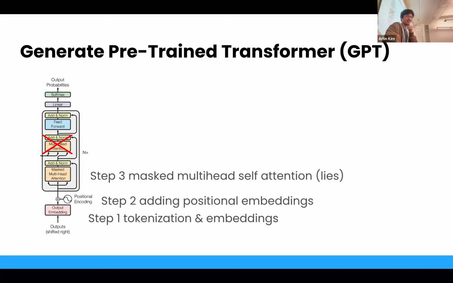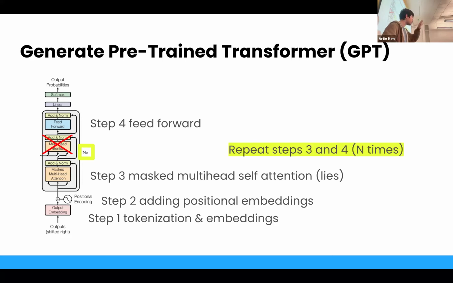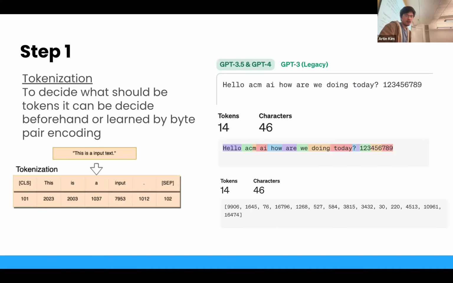Again, I'll tell you why that's a lie. But that pretty much allows information and higher level features to form. Then we have a feed forward to do some aggregation. You repeat this a bunch, where you keep aggregating higher level features. And eventually you have a linear softmax prediction, and then you can predict the next word in the sequence with those high level features of the sentence so far.